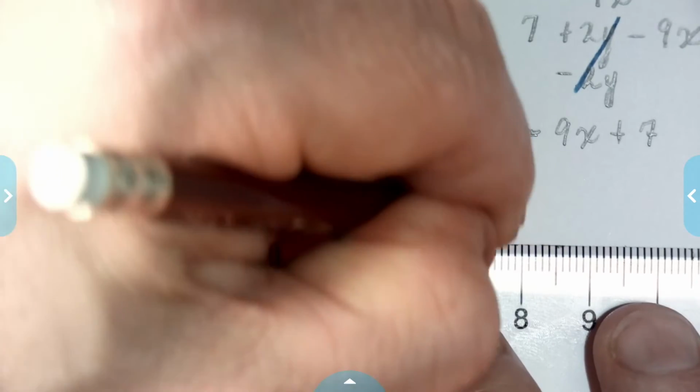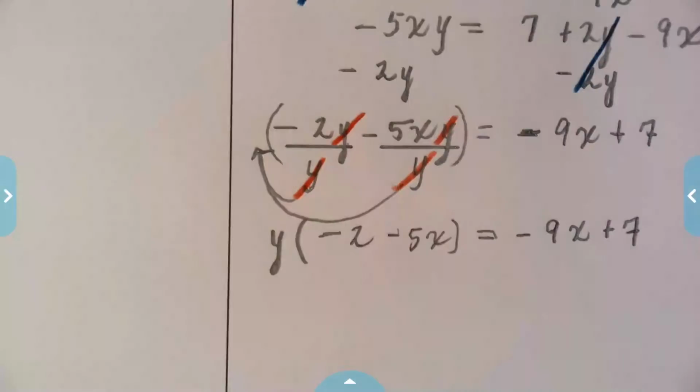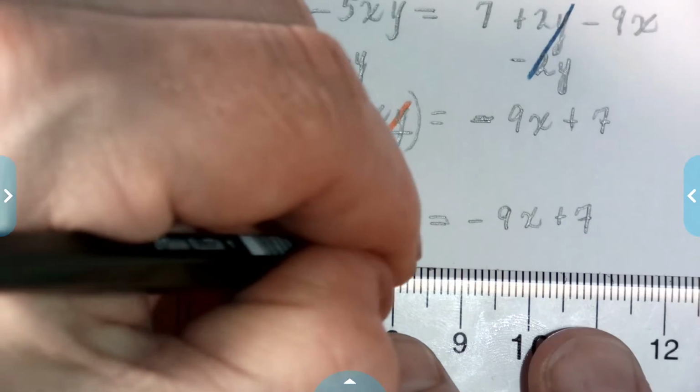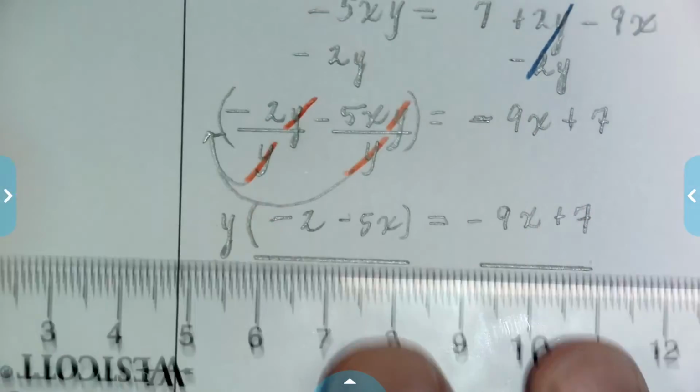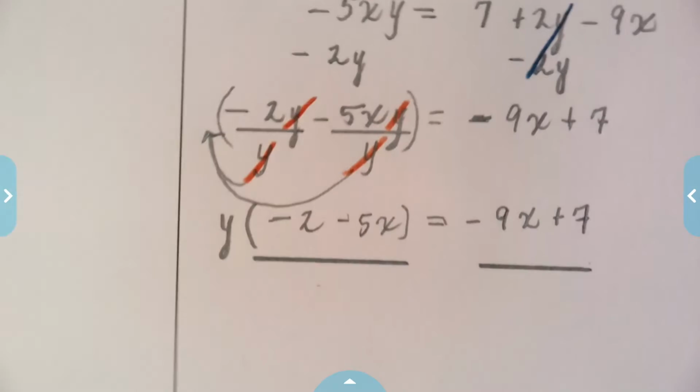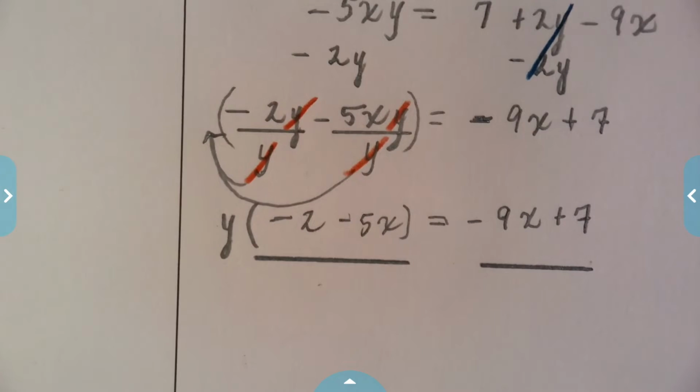Okay, set equal to negative 9x plus 7. And so the final step here would be to divide both sides by this entire encapsulated parenthetical algebraic expression.